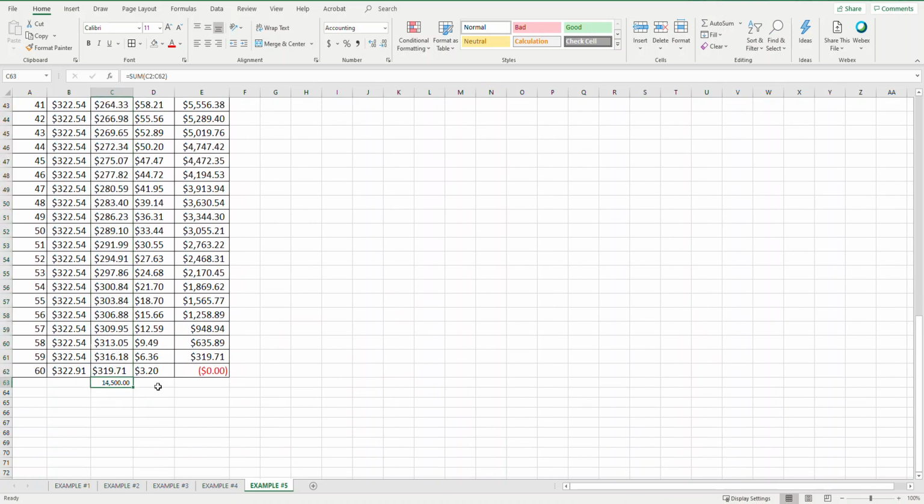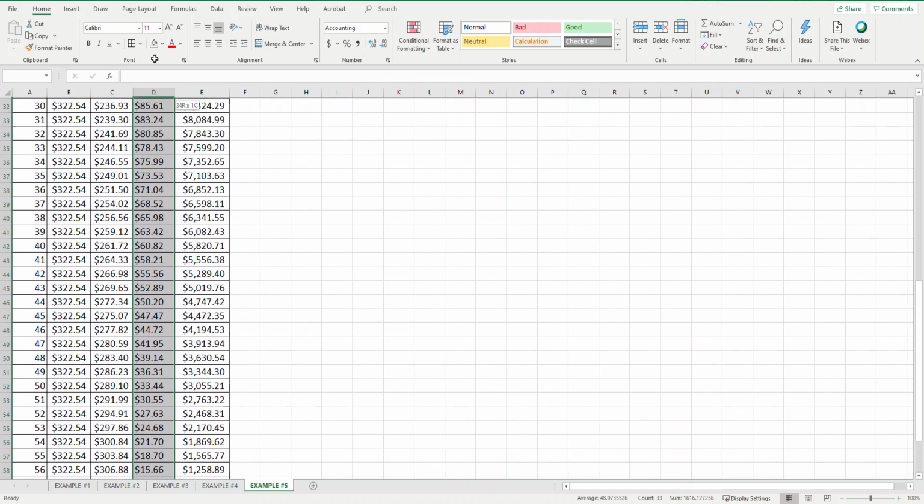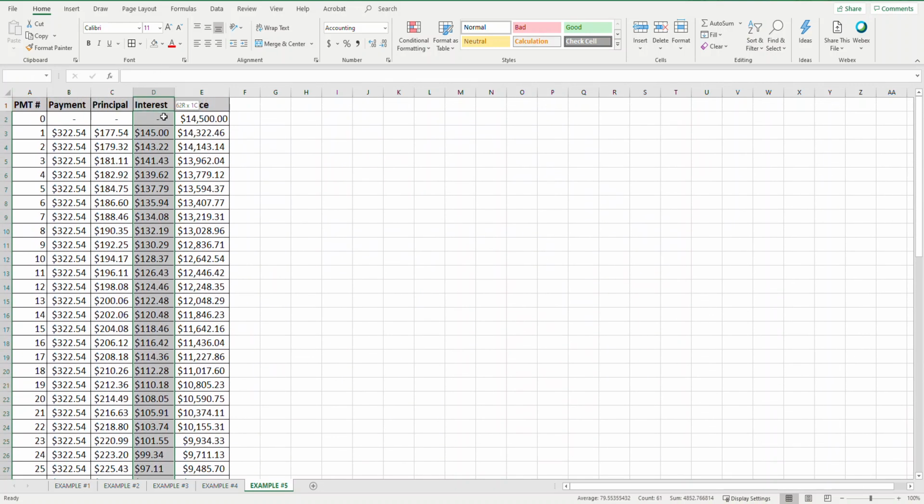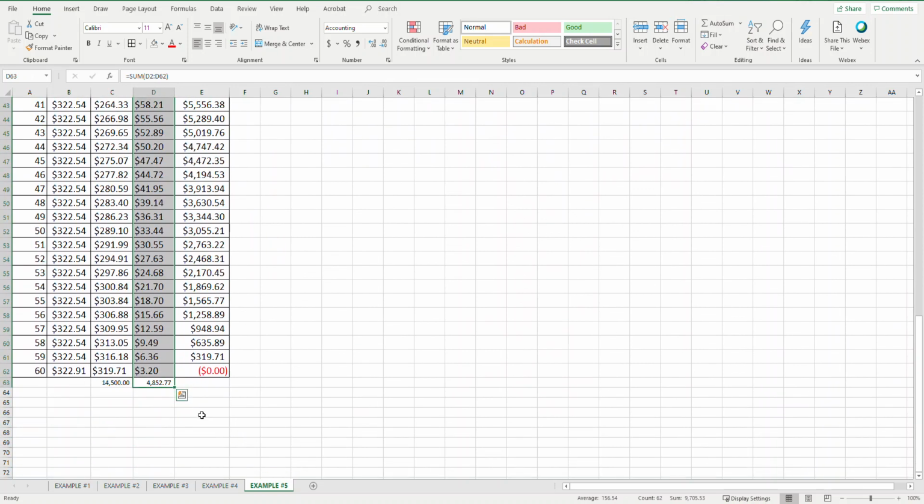Now, interestingly enough, you can figure out how much interest was paid back. This is a little weird, because if I add all of the interest that was paid, see how it's $4,852.77.